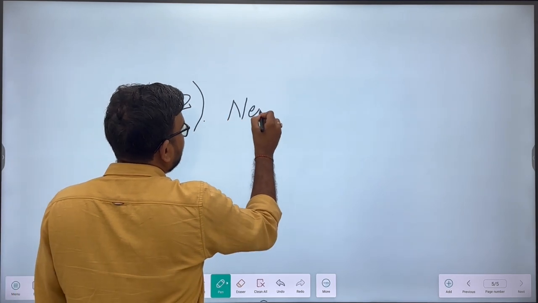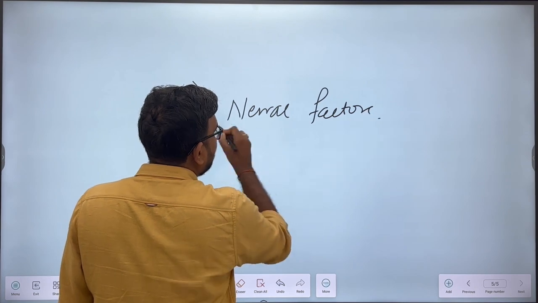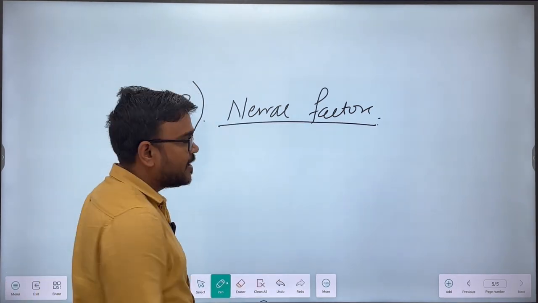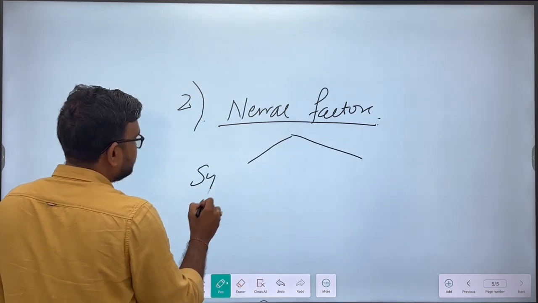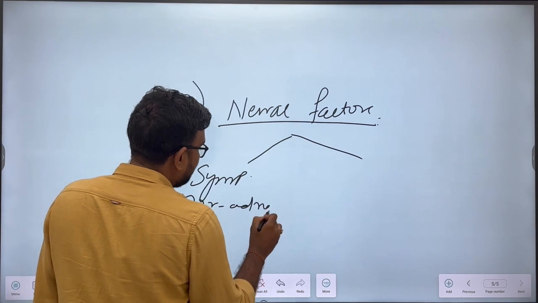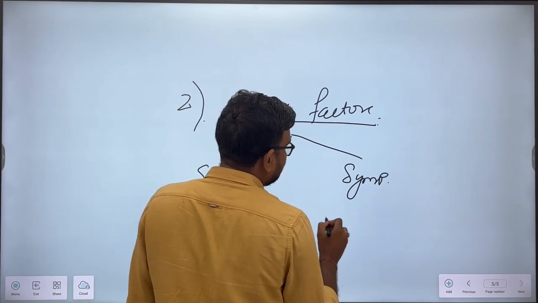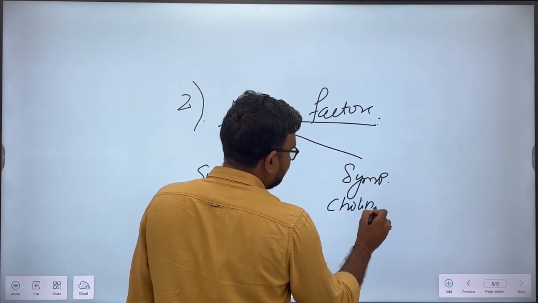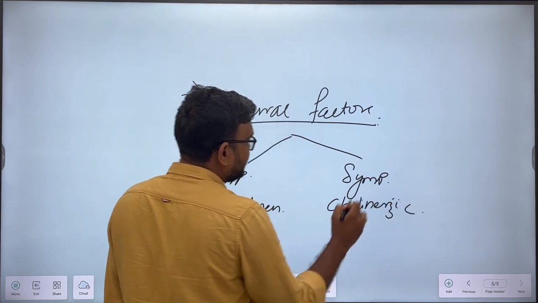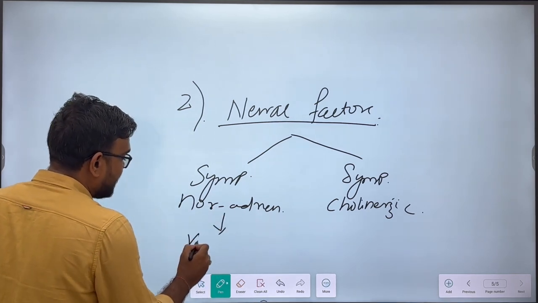Second, neural factors. The skeletal muscles are supplied by sympathetic noradrenergic and sympathetic cholinergic fibers. The sympathetic noradrenergic fibers mainly supply the veins.